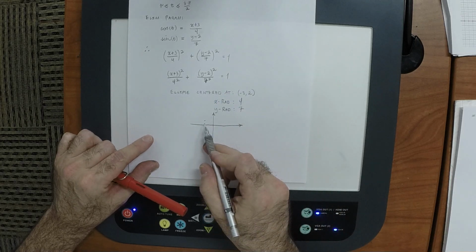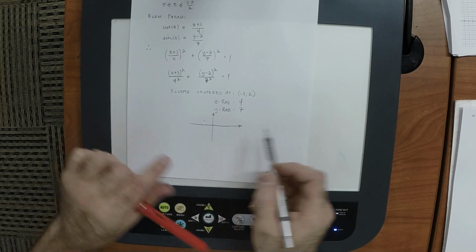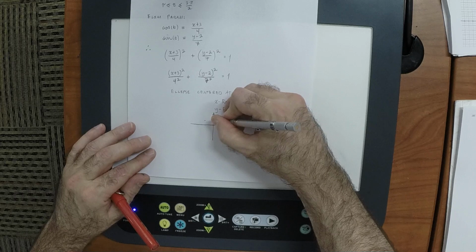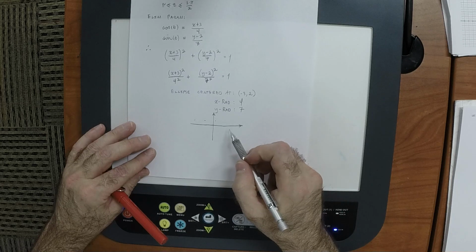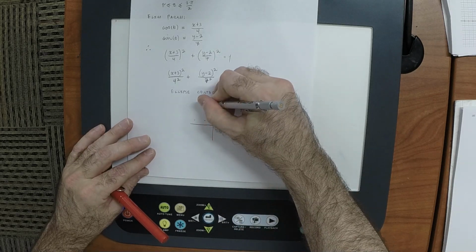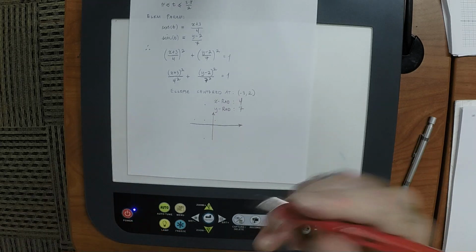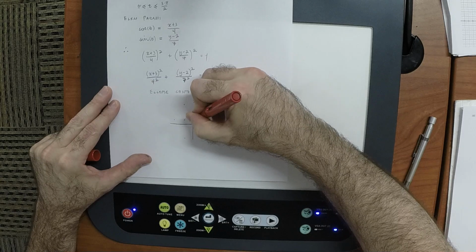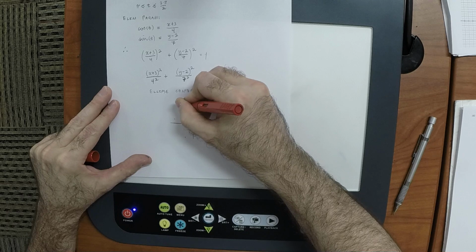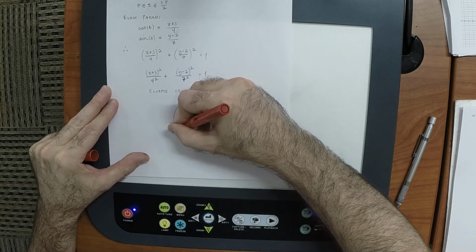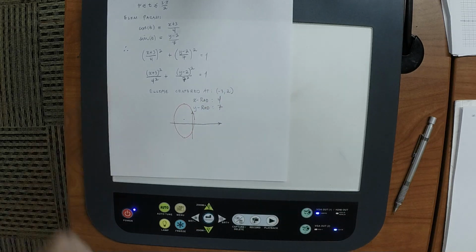And then in the x direction, we need to go 4 to the right and 4 to the left, so maybe like that and that. And then the y radius, we need to go 7 up and down, so maybe that much and that much, something like that. And then this red is the actual ellipse. Okay, so you can kind of see it there.